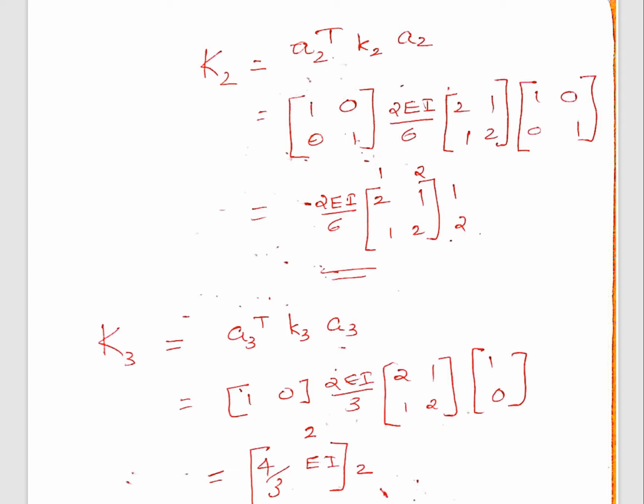Now this is the capital K2 matrix, 2EI by 6, 2 1 1 2. Here I have marked the first column as 1 and the second column as 2, because the first column corresponds to R1 is equal to 1 and the second column corresponds to R2 is equal to 1. So similarly the rows are also marked as 1 and 2.